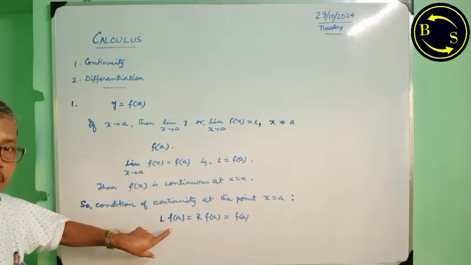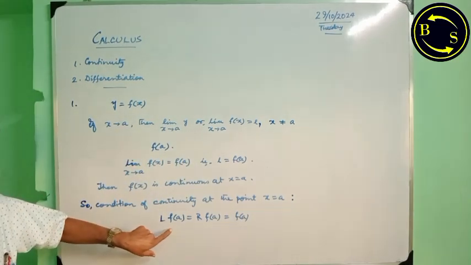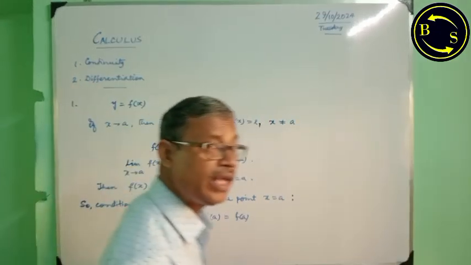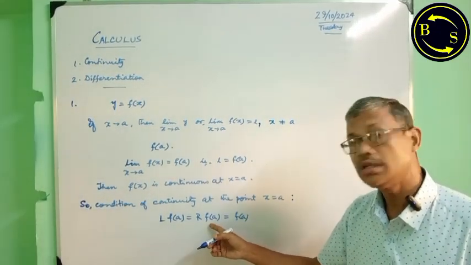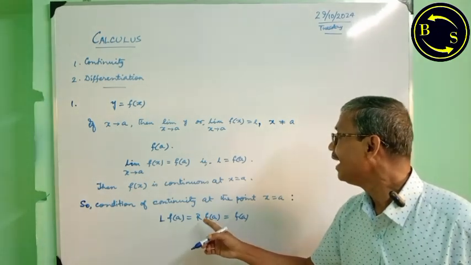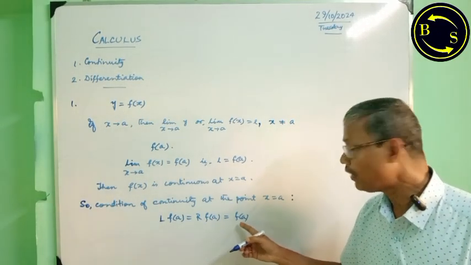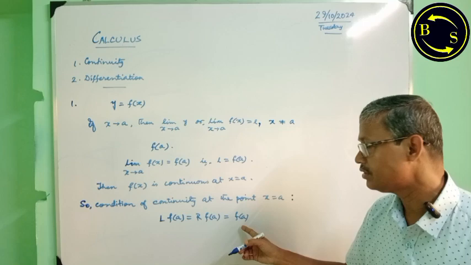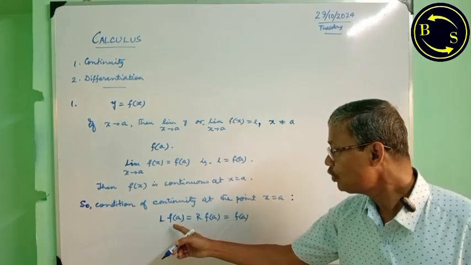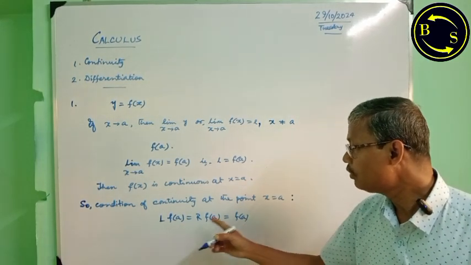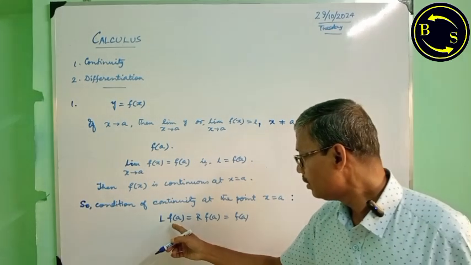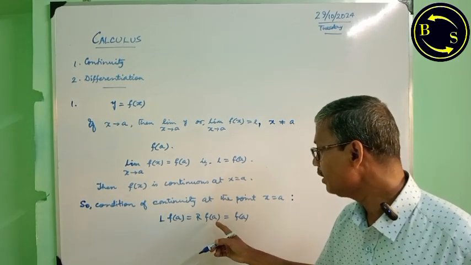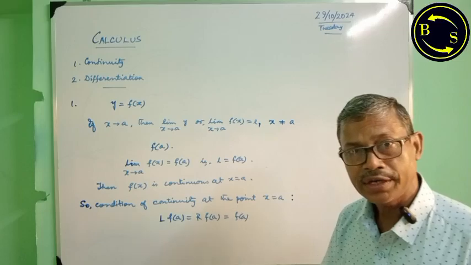Means the left hand limit of the function f(x) as x tends to a is equal to the right hand limit of the function as x tends to a, and the value of the function f(x) at x equal to a. These three will be equal, and already we have mentioned that LFA, RFA both will have finite values.